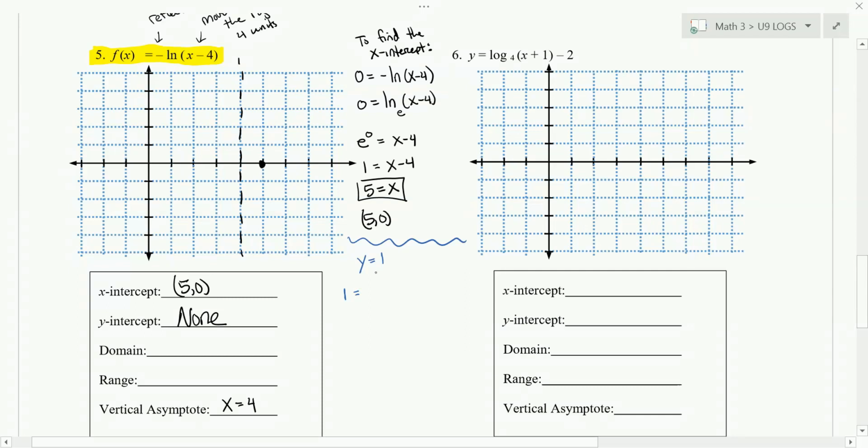With logs, it's often easier to plug in y and solve for x, so that's why I'm working backwards here. I'm going to multiply both sides by negative 1. Remember, this is base e, so this is asking the question: e to the negative 1 is equal to x minus 4.